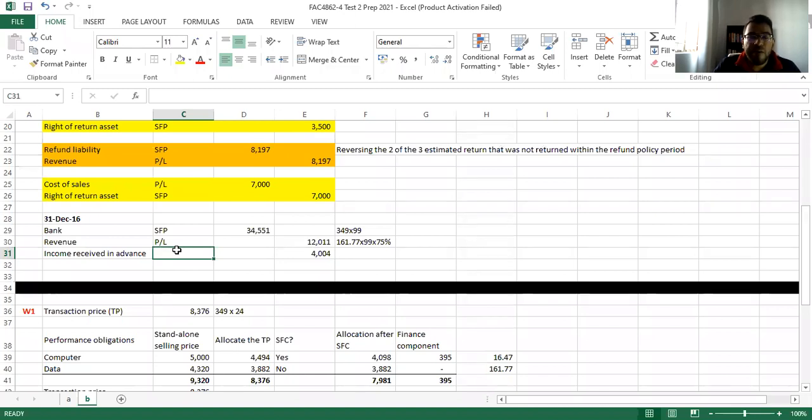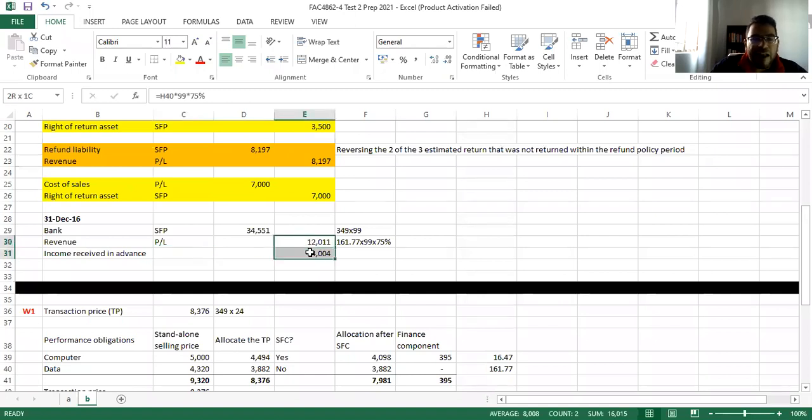Therefore, the premium of 162 relating to December can only be recognized to the extent of 75%. The other 25% can only be recognized in January when we provide the service. How do we provide the service? When the customer uses the data. So just take note of that.